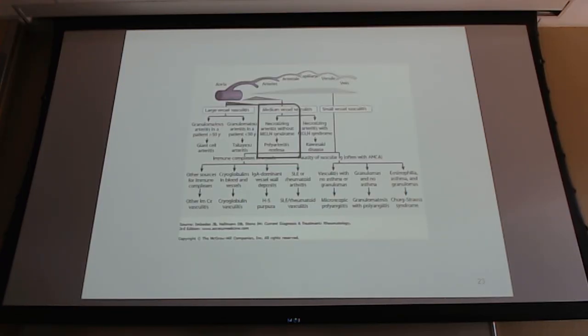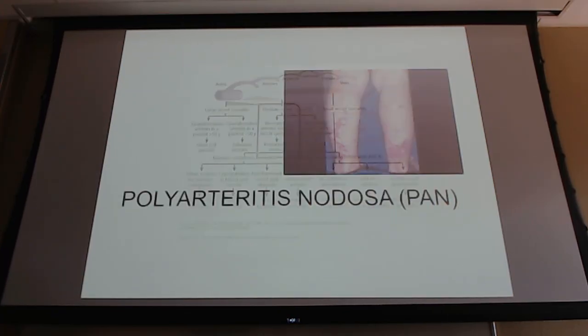Medium vessels, so now we're talking about medium ones. This chart right here breaks them down and shows what they are, right? So necrotizing arteritis without MCLN syndrome, so polyarteritis nodosa, that is that. What does that look like?